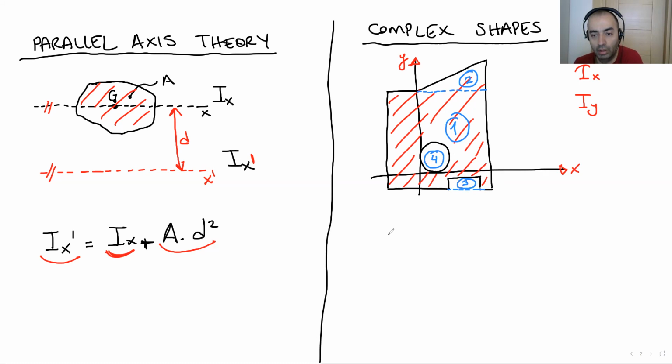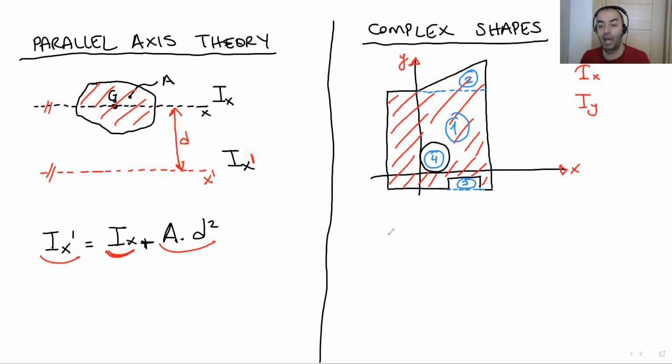I will calculate each member's moment of inertia according to, for example, the x-axis. While I'm doing that, I'm going to use the parallel axis theorem. If I have a missing part or opening, I have to remove it from the total. Remember, it's like a centroid calculation.